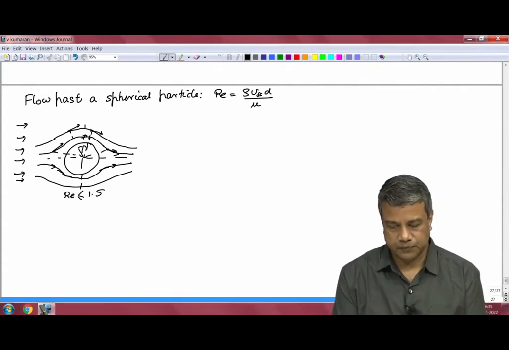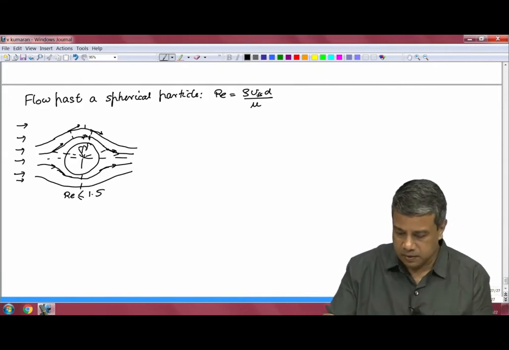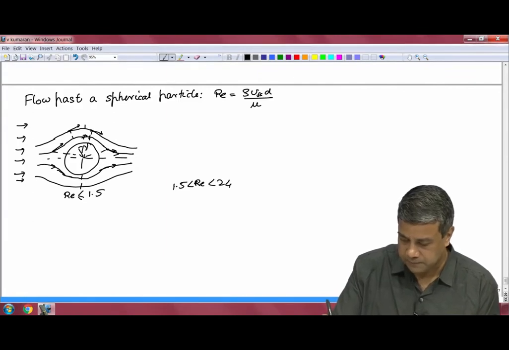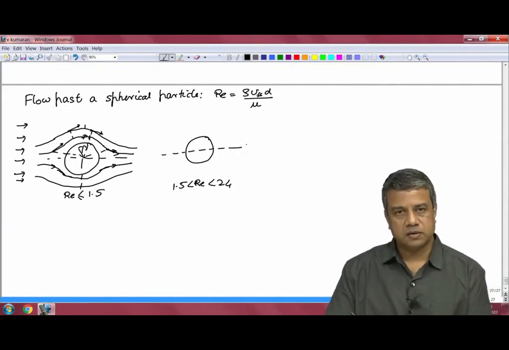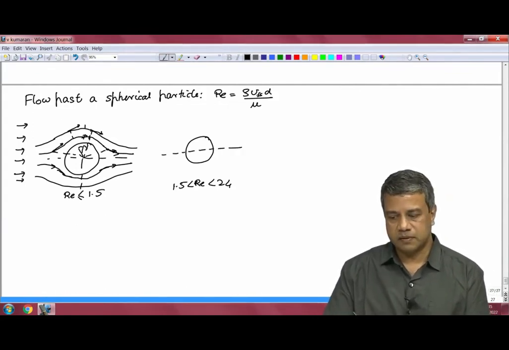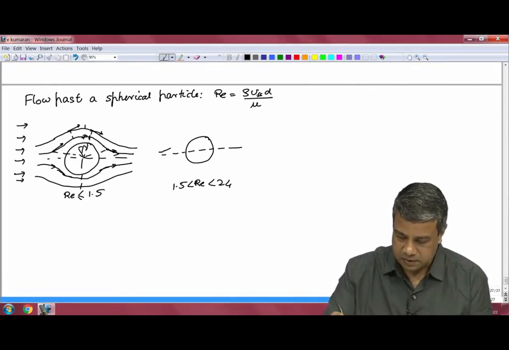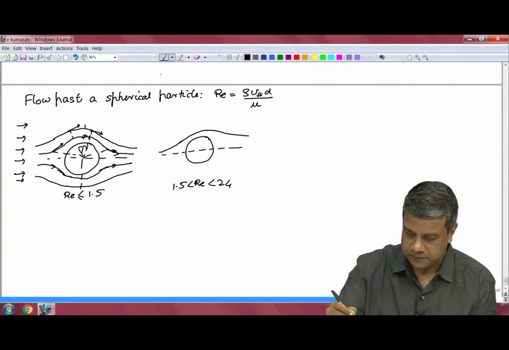When the Reynolds number increases to the range of about 1.5 to about 24, there is no longer symmetry between the upstream and the downstream hemispheres. What you get is a velocity profile that is now not symmetric.